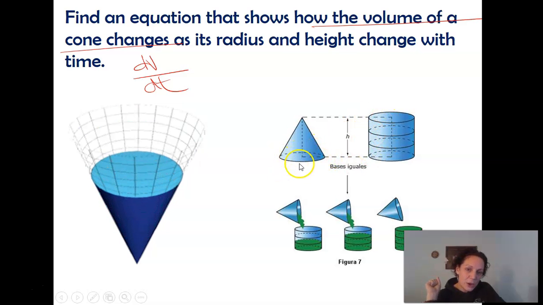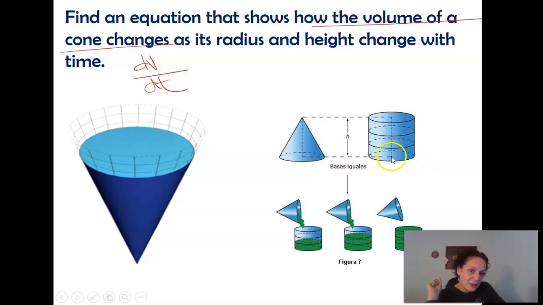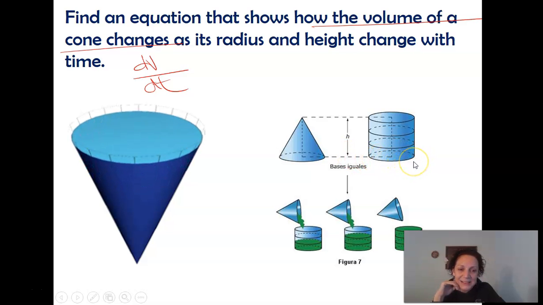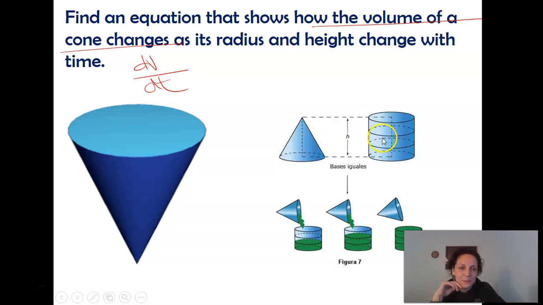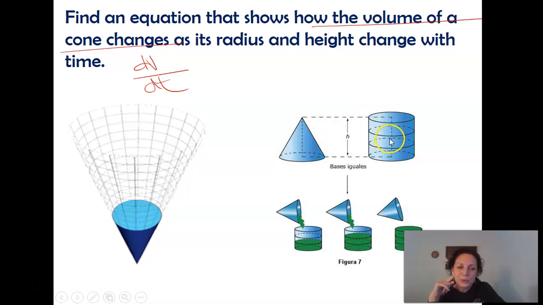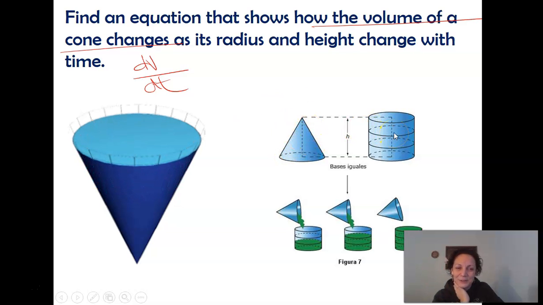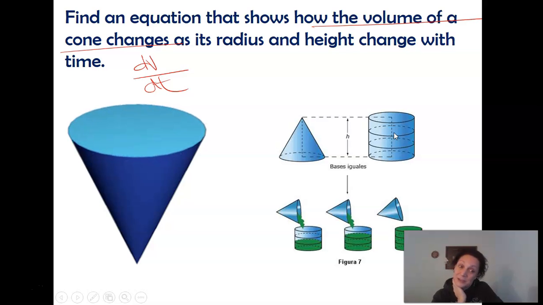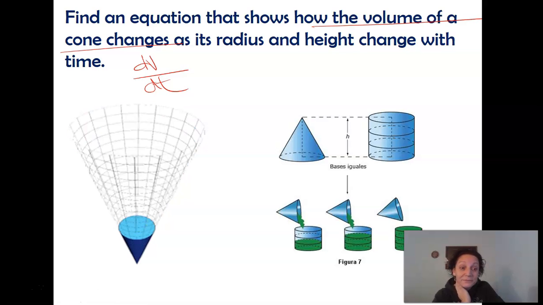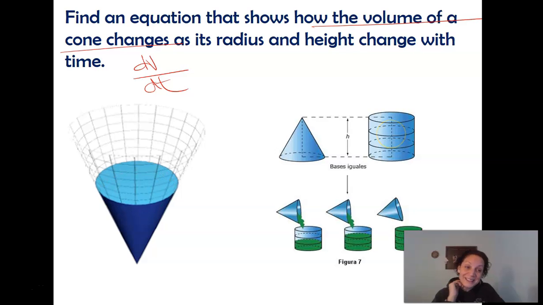So the base of this cone is identical to the base of this cylinder. When that's the case, 3 of these make up this. So visually, I have a problem picturing smashing 3 of these and having it fit in there. And every year someone suggests to me that I build some out of clay and then see if I can do it. I'm not going to do that.